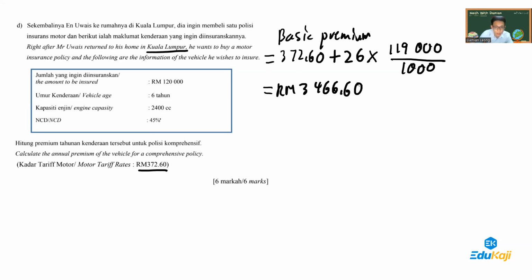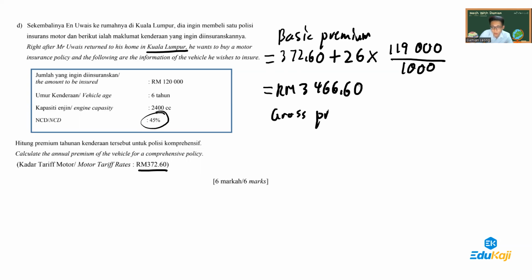So if the no claim discount is 45%, means the premium that needs to be paid is 55%.